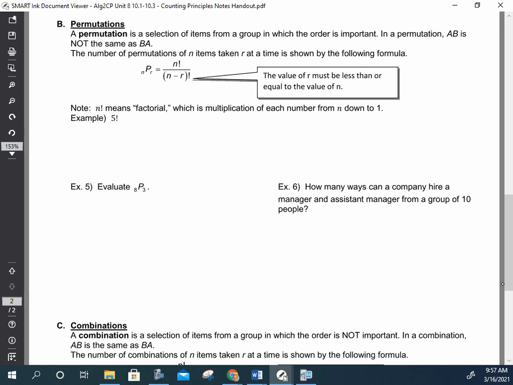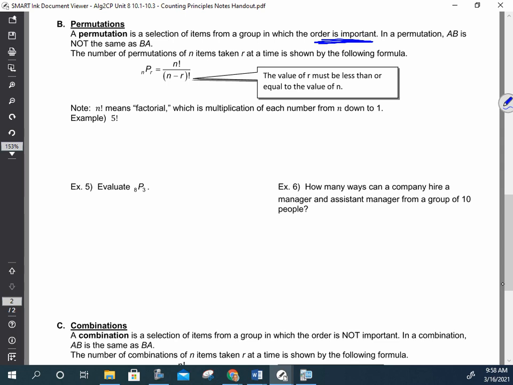Pick a shirt, pick a pair of pants, that's an outfit. Permutation. So a permutation is when you are selecting items, but the order that you choose them matters.